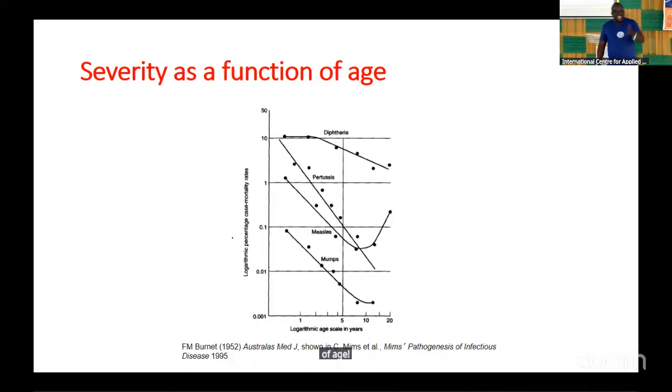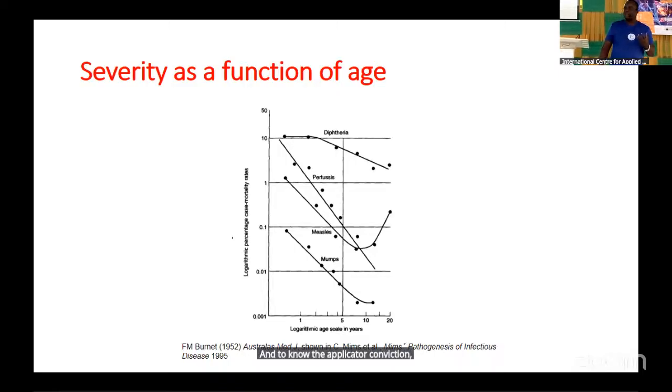Now, there are certain diseases where, if you understand the average age of infection, it can let you know what age brackets are at most risk of infection.